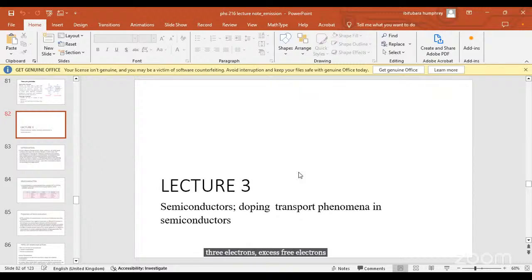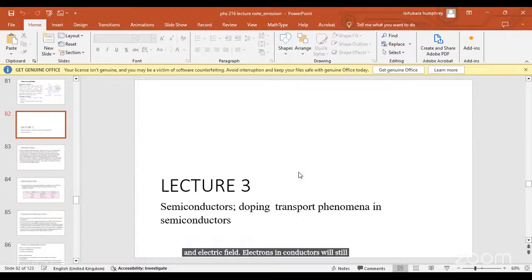So even without application of any source of energy, voltage in terms of heat, electricity, light, that is the four sources of energy to make an electron escape from the surface: light, heat, secondary, that is by kinetic energy, and electric field, electrons in conductors will still be mobile.